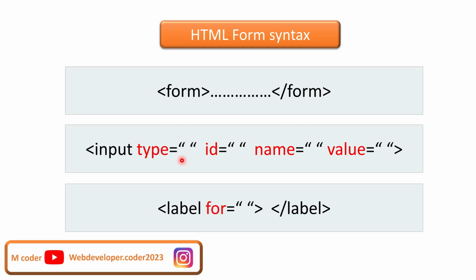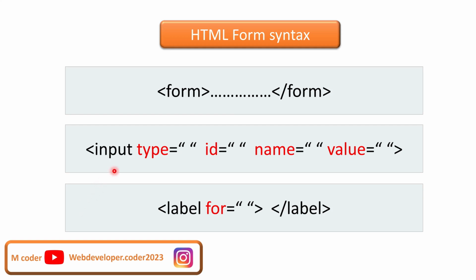This type specifies the type of our input. If we are going to enter our name, we will set its type equal to text. If we are going to enter our password, we will set its type equal to password, and if we are going to enter an email address, we will set its type equal to email.